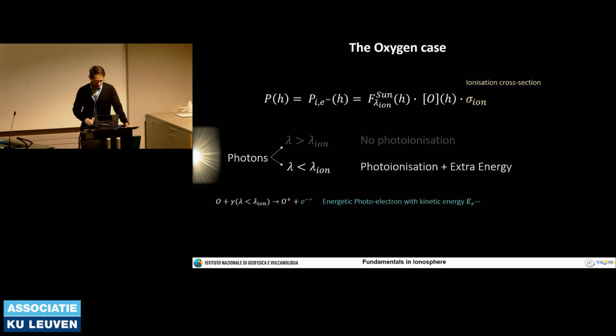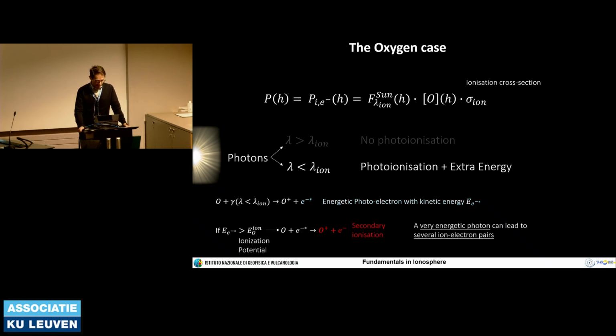So in theory, you may have an energetic photoelectron with a specific kinetic energy. You can call it E star. So if this extra energy is again larger than the ionization potential, you can create a secondary ionization. So a very energetic photon can lead to several ion-electron pairs. So you can have just primary and secondary ionizations. And this is again just in the case of a single species.